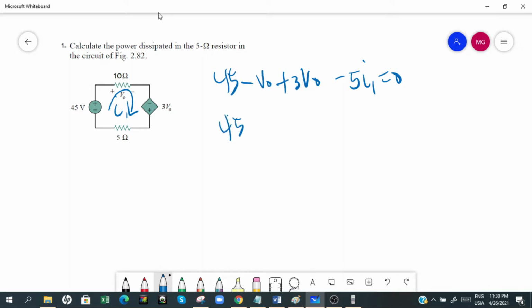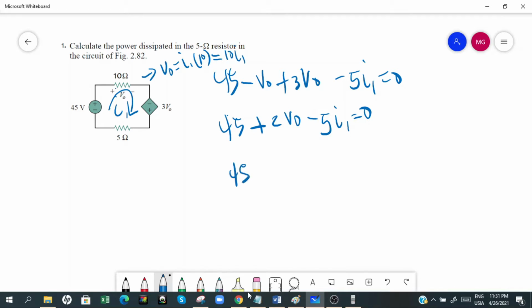Now this is 45 plus, this becomes plus 2 VO minus 5 I1 is equal to 0. Now our VO here is equal to, since this is voltage, just the product of the current I1 times the resistor 10, which is 10 I1.